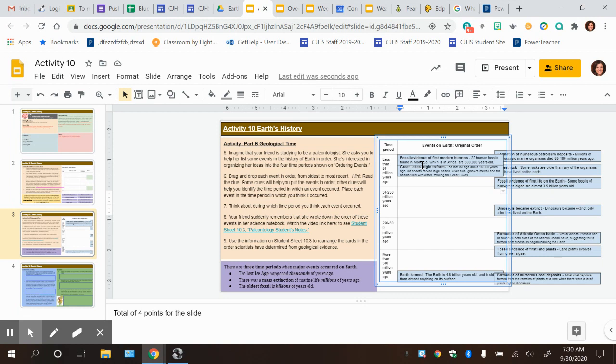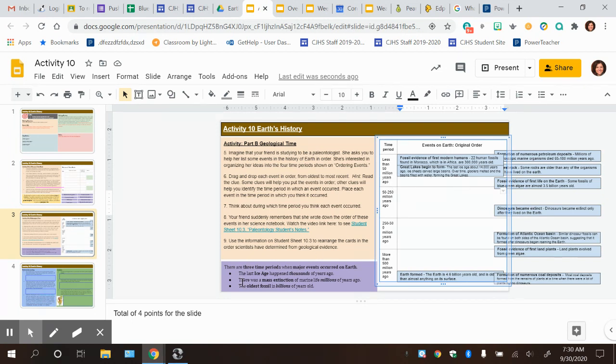So hopefully you can go through and you have the rest of these that you have put into order. One thing that I'd like to point out is in this purple box, it says there are 3 time periods when major events occurred. And this is how we're splitting these events up. The last ice age happened thousands of years ago, and that was occurring right here along this line.